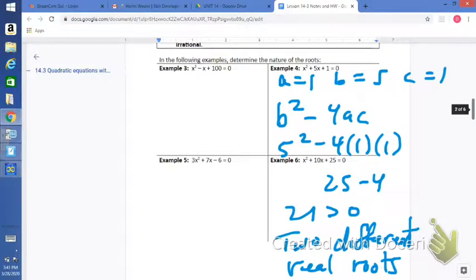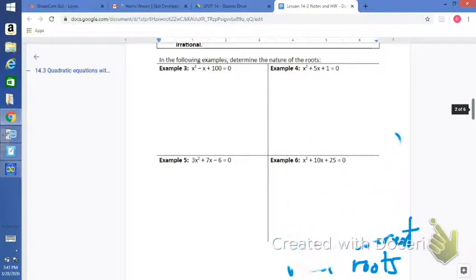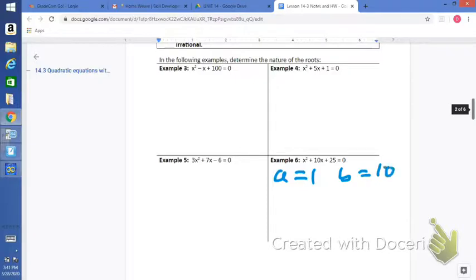Alright, we'll go ahead and skip example 5. It's very similar. You guys can do it on your own. You're going to get 2 different real roots again. I want to go to number 6. So for number 6, your a is equal to 1, your b is equal to 10, c is equal to 25.